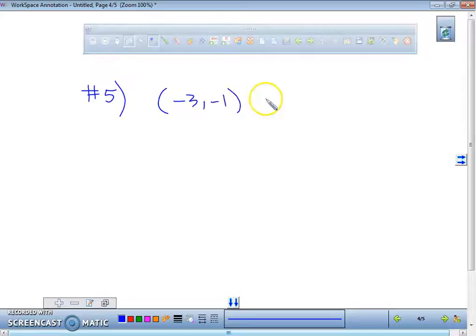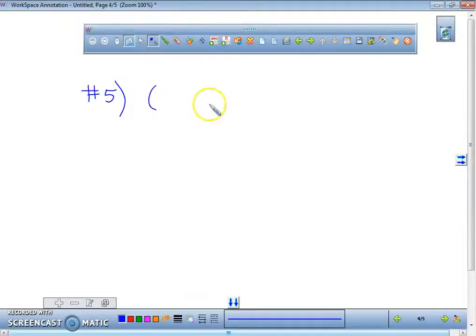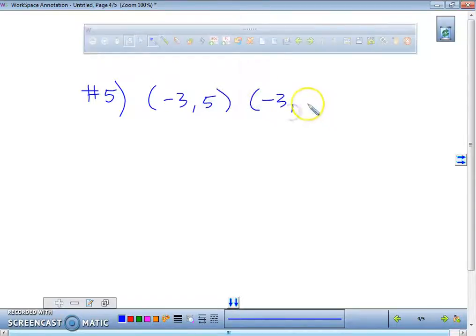Oh, okay. Sorry, I said 5. Okay, how about try it over? What is it? Negative 3, 5. Okay. Negative 3, negative 1. Okay. Got it. Those are the ordered pairs for number 5 on 2-3 on your assignment called slope.